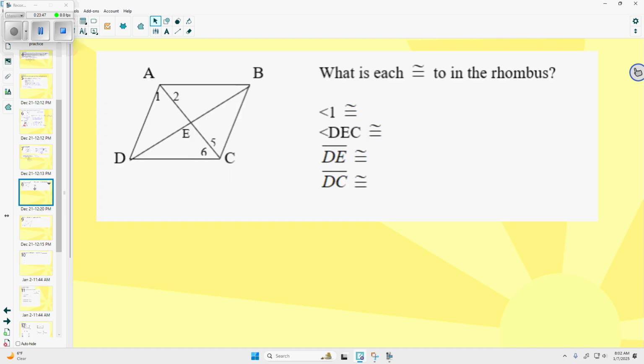All right. So we want to know what is congruent to each in the rhombus. At your tables right now, go ahead and find out what other things are congruent to angle 1 in that picture. What other things are congruent to angle DEC? DEC, that vertex is E. And then what's congruent to DE and what's congruent to DC. Go ahead and find those at your table.